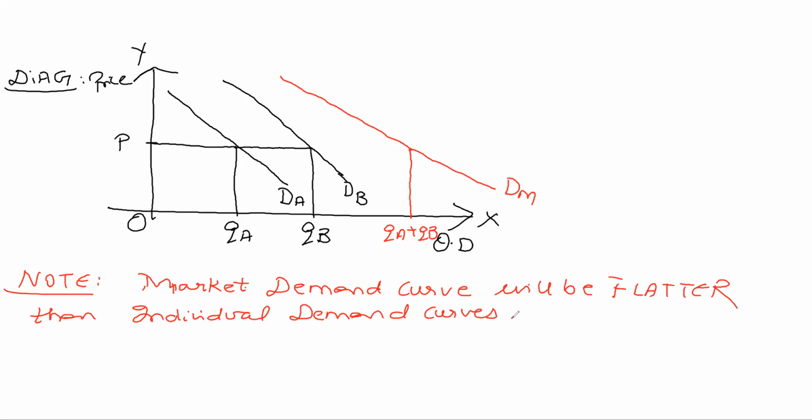If a line makes a very higher angle with the x-axis, that line is called steeper. So I'm drawing a diagram here. Suppose I draw this line and I draw this line. So this is my line A, this is my line B. Which line is steeper? Line A is steeper because it makes a larger angle with the x-axis. Line B is relatively flatter because it makes a smaller angle with the x-axis.